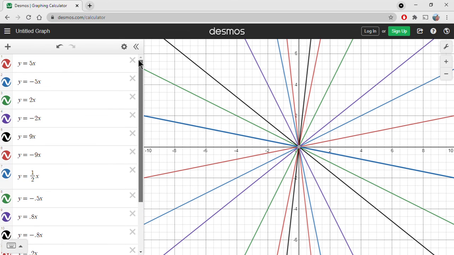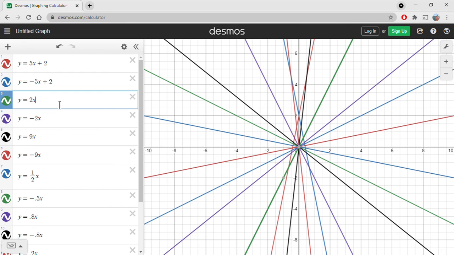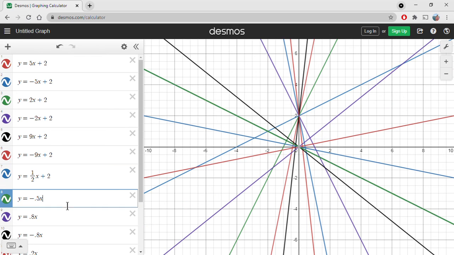So that's one transformation, and the other transformation is simply up and down. If I wanted to move everything on this up 2, I would add a +2 to everything, and of course that would mess it up at first, but let's test that by raising everything up 2 places.